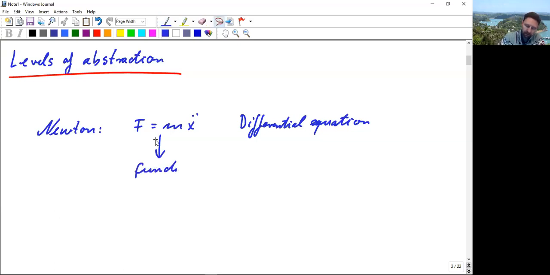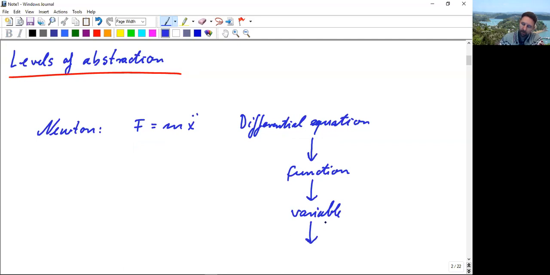Whenever you take a differential equation and you solve it, what you get is a function. The solution to a differential equation is a function. But then a function can be solved for a variable, and then that variable eventually takes on some value, which is some number, which is something that you can measure.